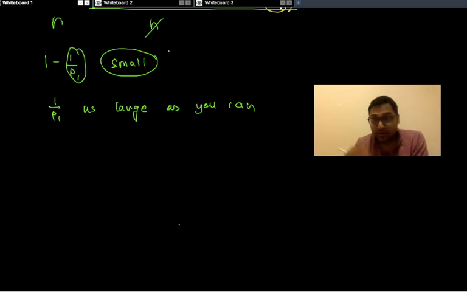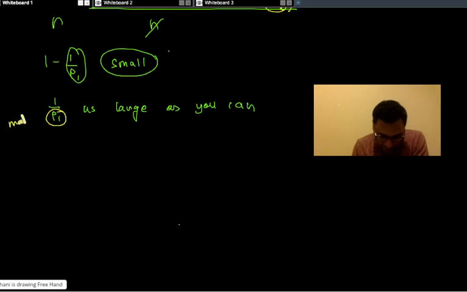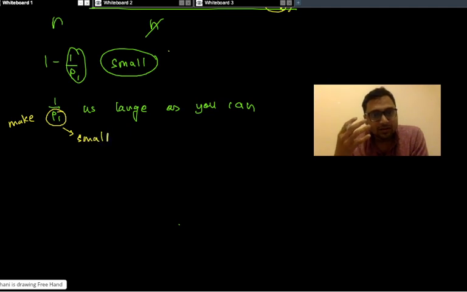Exactly. As Aditya rightly points out, you can make p1 small. So can any of you tell me what is the smallest prime that you can think of?